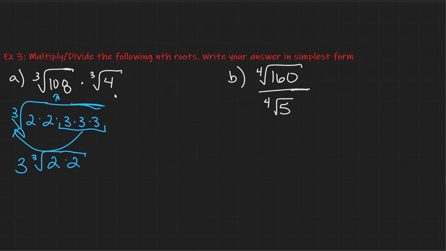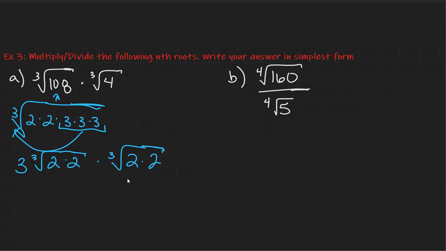Okay, with this cube root of 4, I could have tried to simplify that, because 4 is 2 times 2. So that's the cube root of 2 times 2. But I can't take anything out of there, so it has to stay like that. Now I have 3 cube root of 2 times 2 times the cube root of what was originally 4, now cube root of 2 times 2.